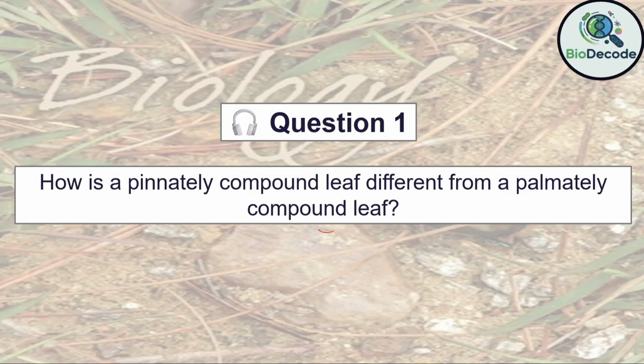Question 1. How is a pinnately compound leaf different from a palmately compound leaf? Answer. Pinnately compound leaf has leaflets arranged along a central axis called the rachis, resembling a feather. Examples include rose and neem. In contrast, a palmately compound leaf has all the leaflets radiating from a single point at the tip of the petiole, resembling the fingers of a hand, as seen in cotton or silk cotton.